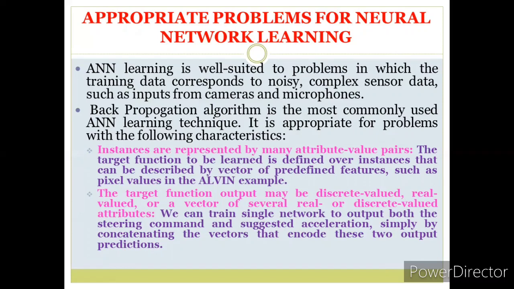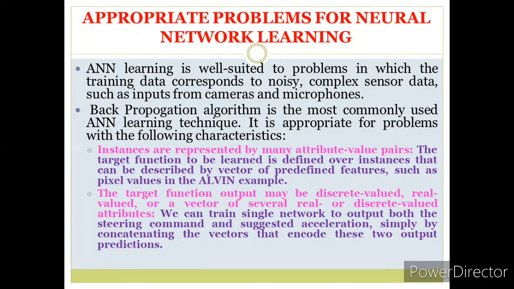The second one is the target function output may be discrete valued, real valued, or a vector of several real or discrete valued attributes. So this particular ANN can be suited for discrete valued or real valued examples, or wherever we have a real valued sequence with the help of vector inputs. At that time, we can use this particular ANN algorithm. A simple example is that we can train a single network to output both the steering command and the suggested acceleration.